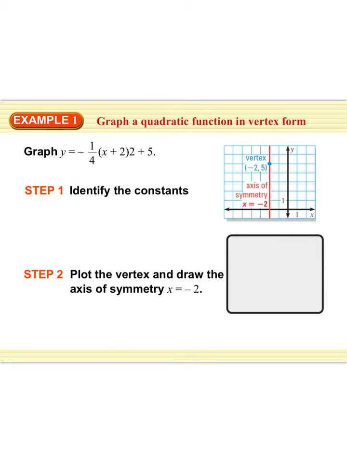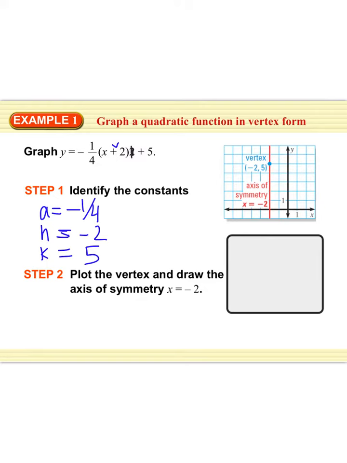Okay, so now we're going to practice graphing a quadratic function in vertex form. So, like we did with standard form, I'm going to write down my constants. So a is negative 1/4, and h is negative 2, and k is 5. Remember, for h we do the opposite. So up here was a plus 2, so our h is a negative 2.